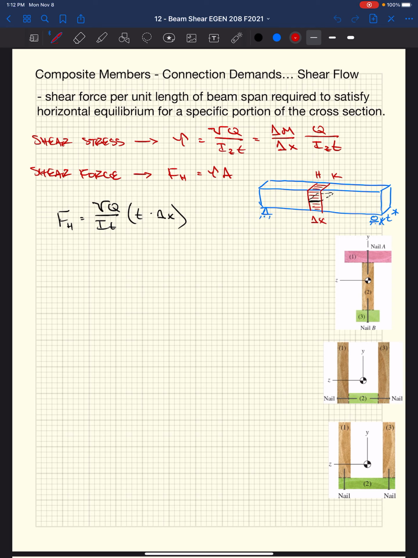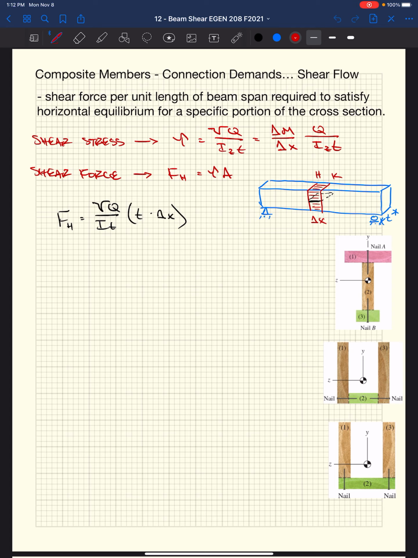Then, going all the way back to chapter 2 or 3, this idea that shear force is shear stress times area. Force is stress times an area, or stress is force over an area. So if we take our shear stress and plug it into our shear force equation, we get VQ over It times area.